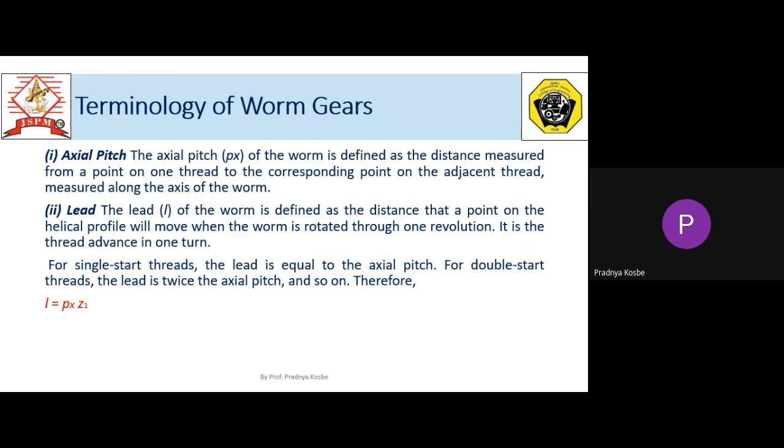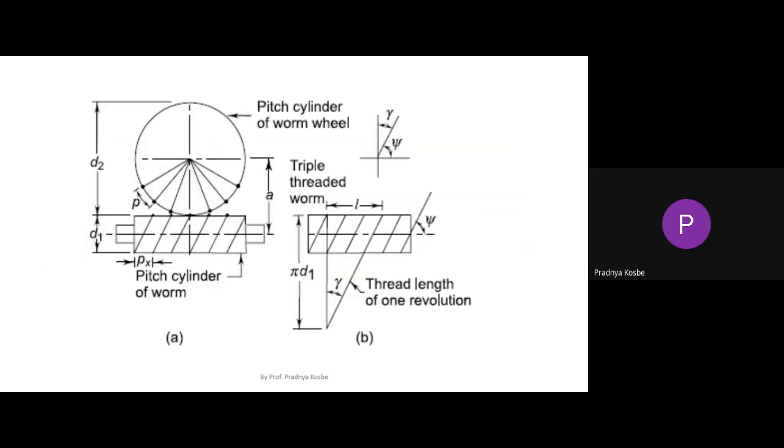So you can see in the figure that axial pitch is the distance corresponding to the adjacent thread measured along the axis of the worm, and it is denoted by px.